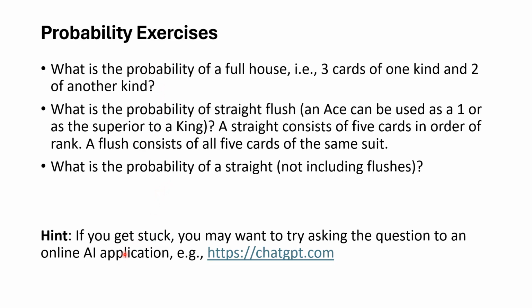One thing you might want to experiment with is some of these artificial intelligence applications on the web, which are pretty intelligent. If you copy what I've written here, you may very well get a correct answer. So one possibility is GPT. There's Gemini from Google.